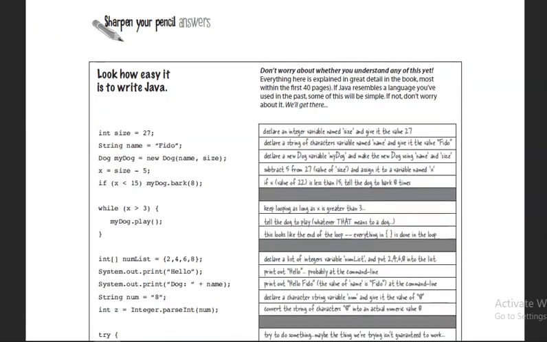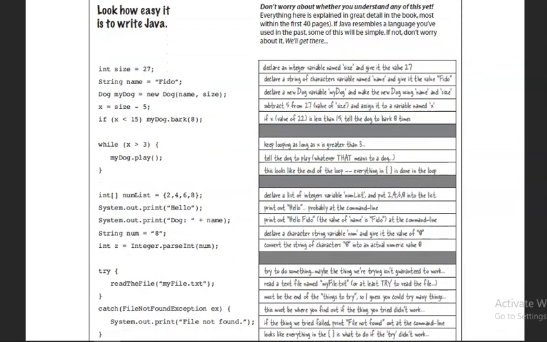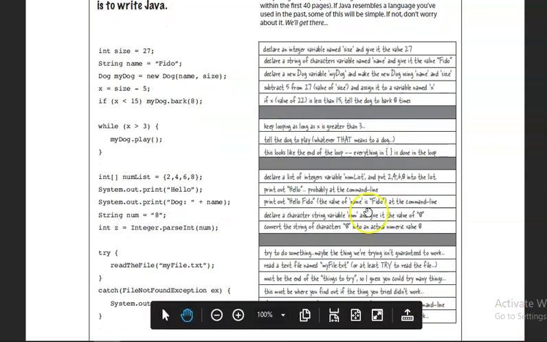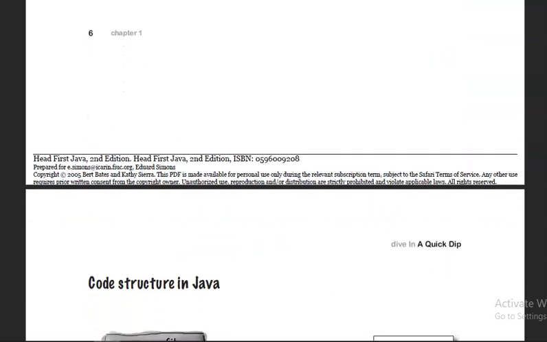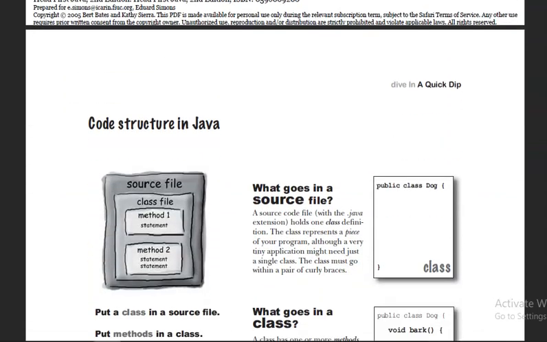Here they have explained everything, and I have already mentioned each line. They have given what each line means in Java. So you can go through your book and let me know if you don't understand anything till here. Okay, let's see what is further.